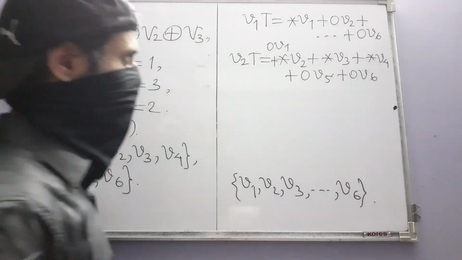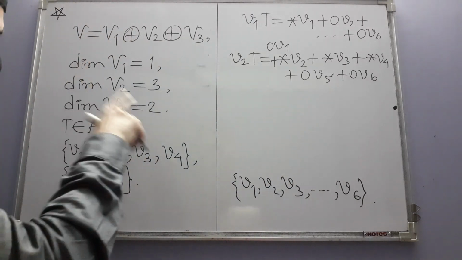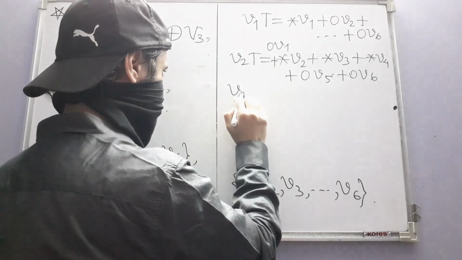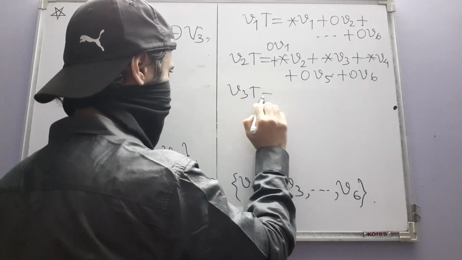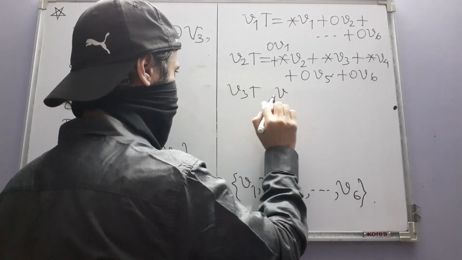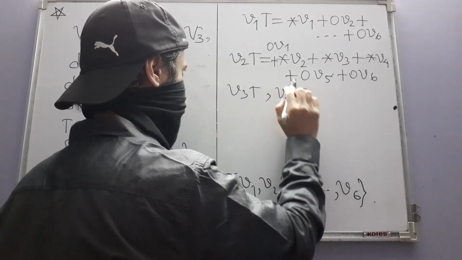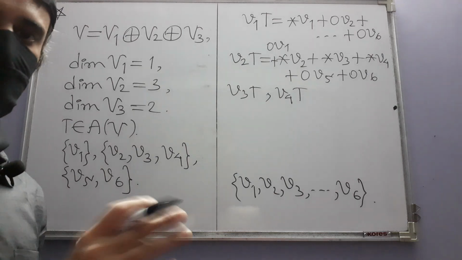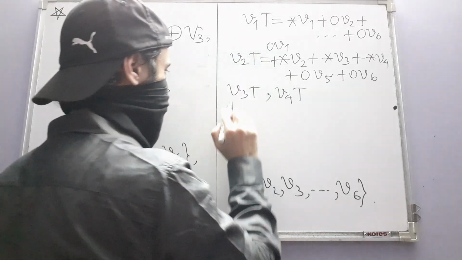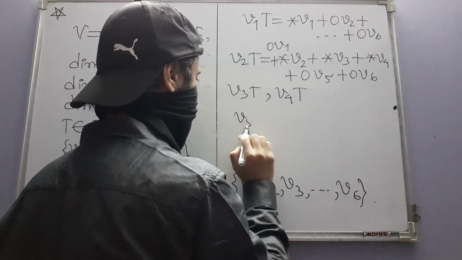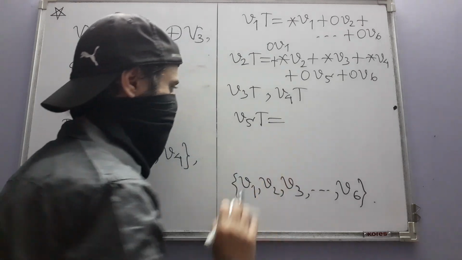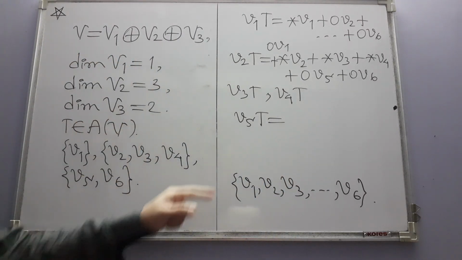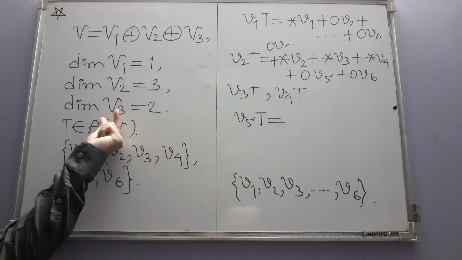And the same is going to be the case with V3T and V4T also. V3T and V4T are also going to look like this with possibly different star coefficients. Similarly, what will happen to V5T? Since V3 is invariant under T, V5T is going to again land in V3.